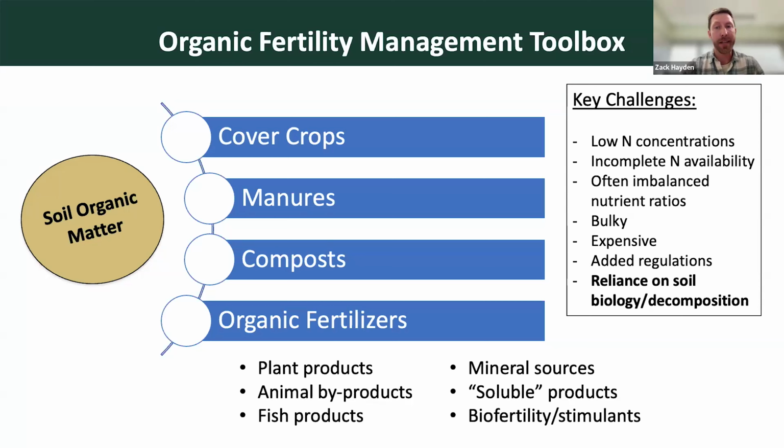We've got incomplete availability of that nitrogen in the first season. Many of them are combined nutrient fertilizers, and the nutrient ratios, as we'll talk about later, are often imbalanced. So if you try to apply enough of one nutrient, you might get too much of another.